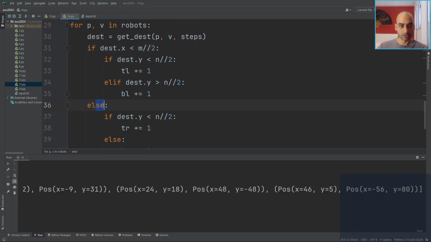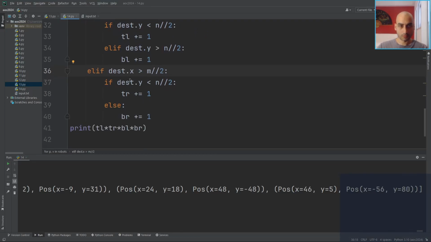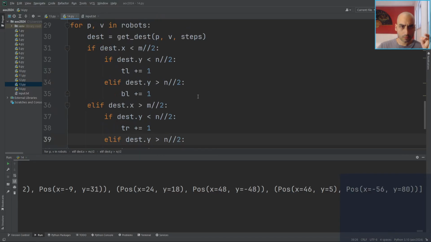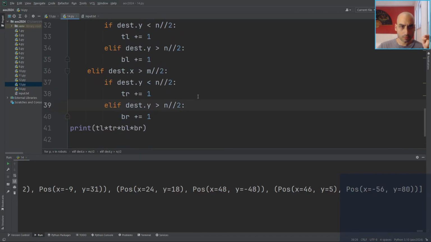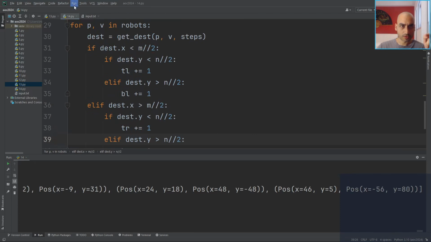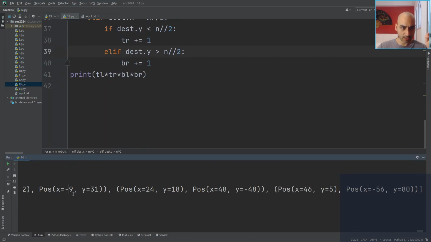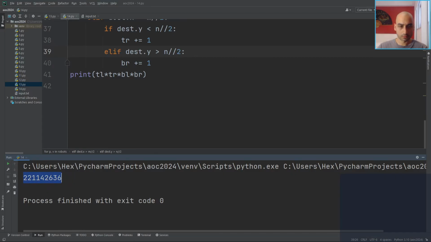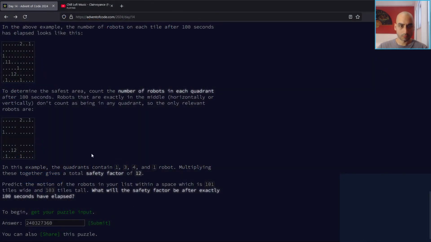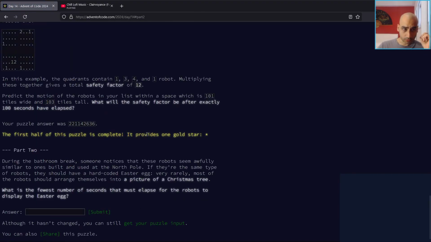But we do have to exclude the middle with these conditions. Like this. So we said it was too high, so it should be less now. Yep, that's less. Correct. Part 2.